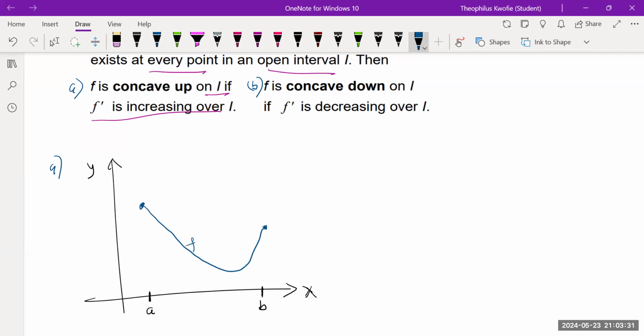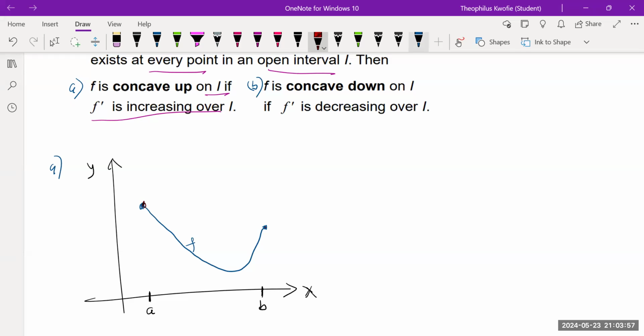It starts at this point, begins to decrease, then goes up again. Such a graph, we say, is concave up. We say that such a graph opens up within the interval ab.